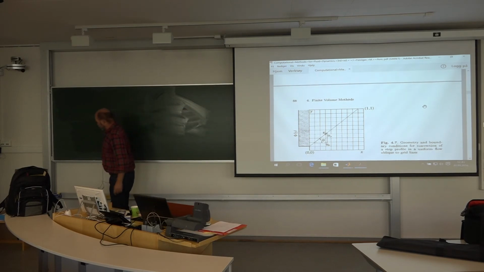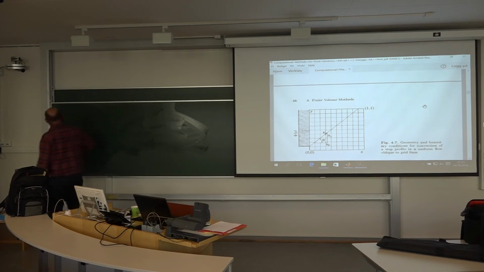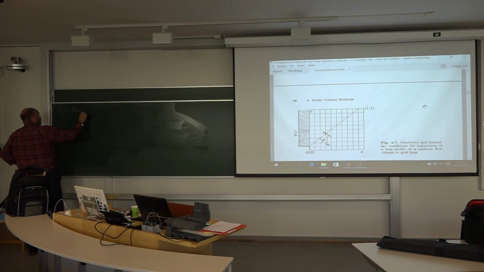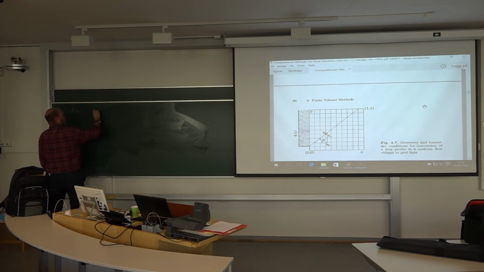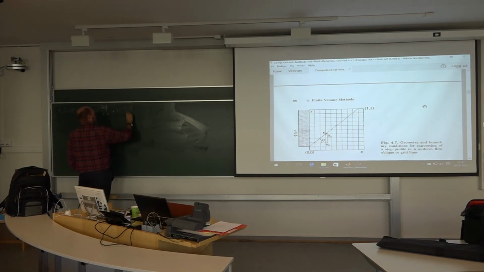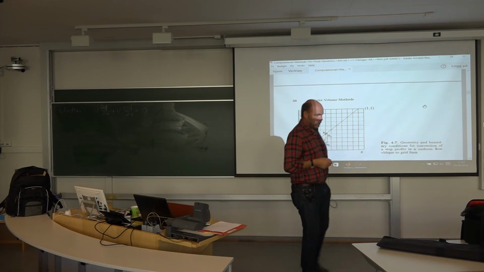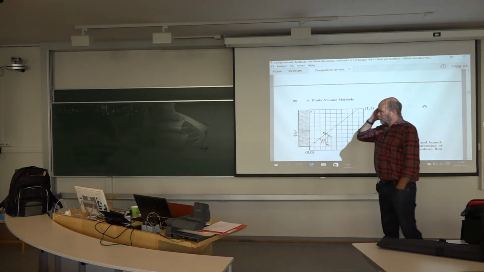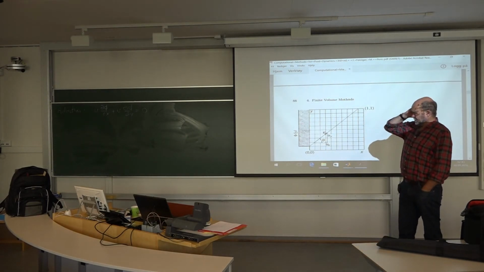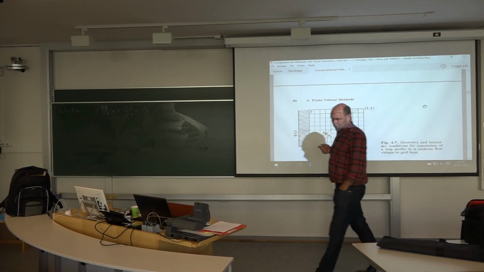So in 2D, how does it look? Advection. You have U dphi/dx plus V dphi/dy equal to 0. That's the two advection terms that we have in any two-dimensional case.